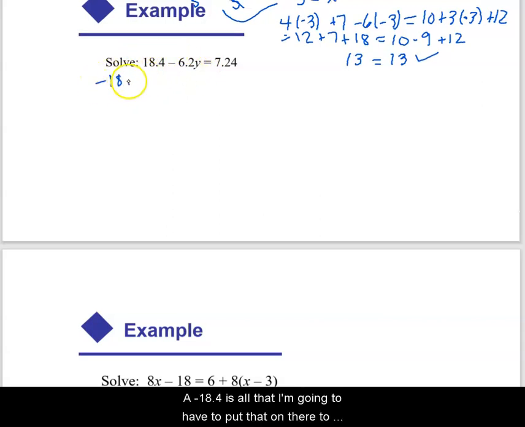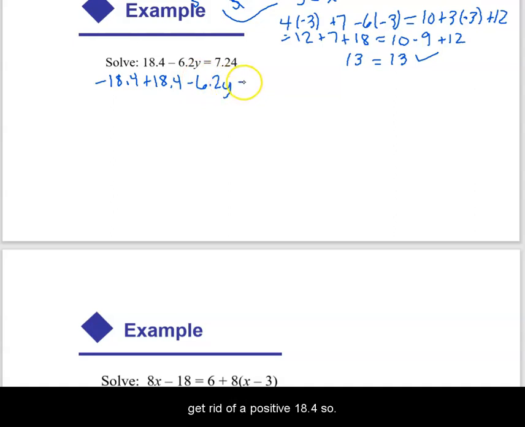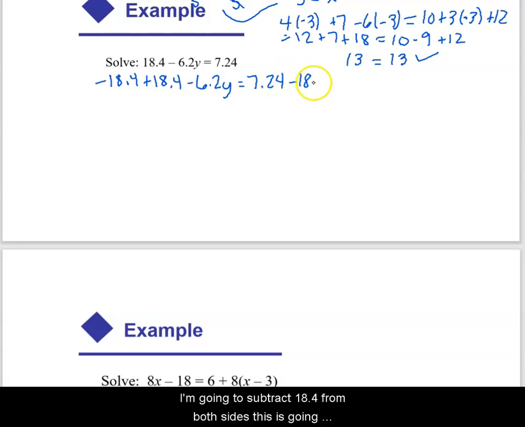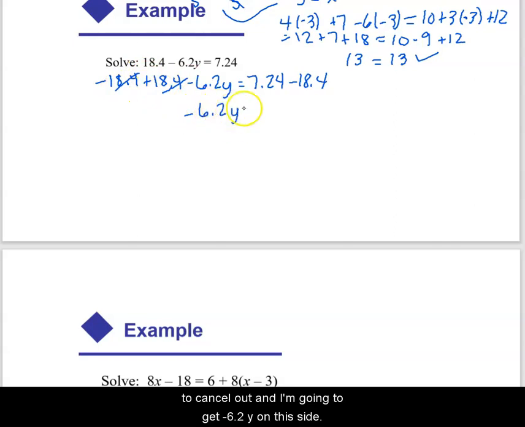Well, a negative 18.4 is all that I'm going to have to put on there to get rid of a positive 18.4. So I'm going to subtract 18.4 from both sides. This is going to cancel out, and I'm going to get negative 6.2y on this side.